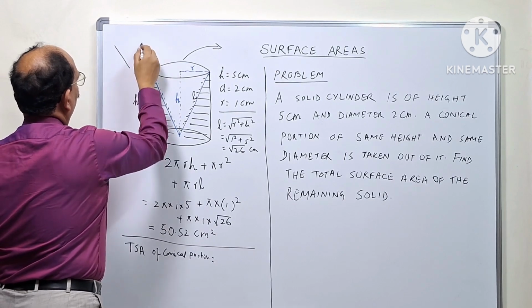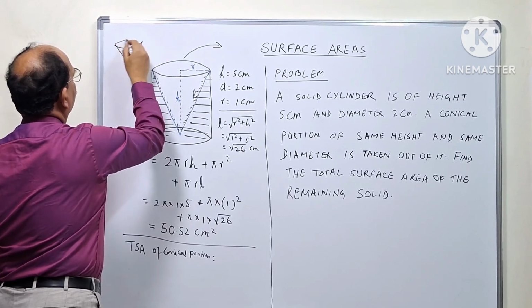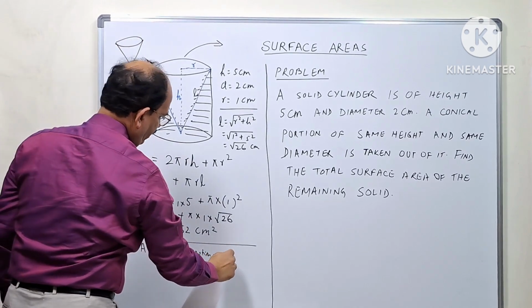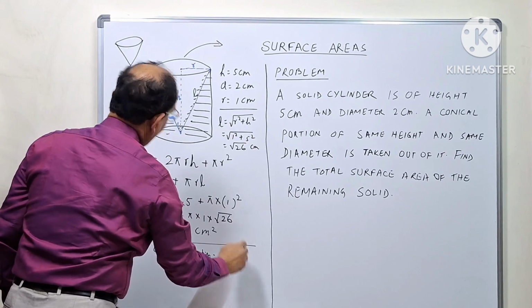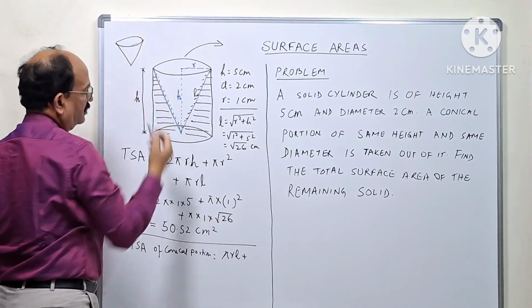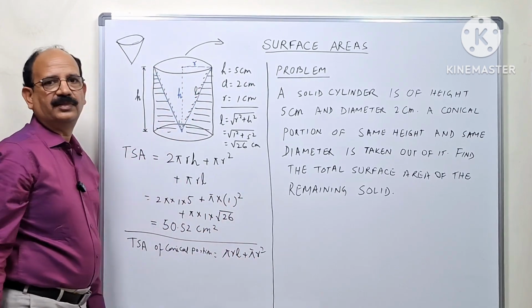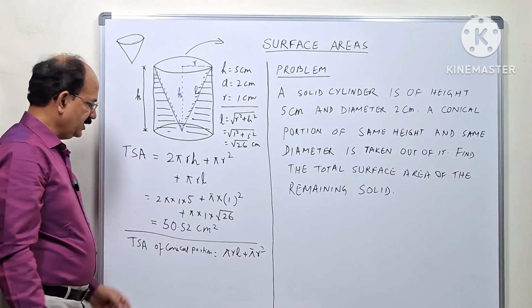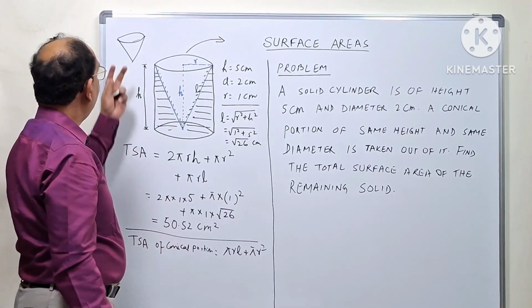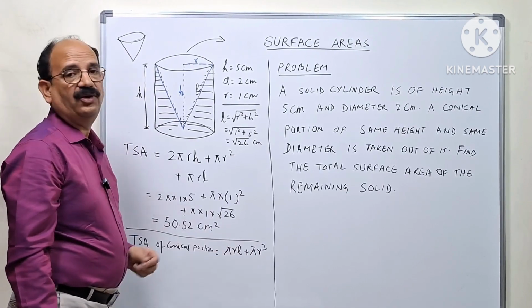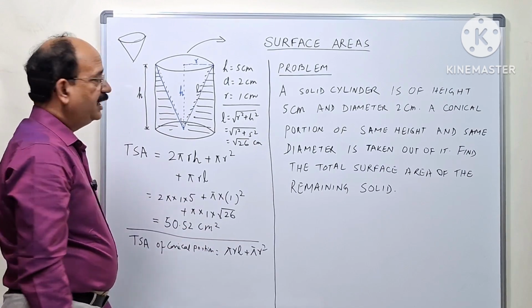You have taken out the cone like this. So this curved surface area is anyway part of that, plus this outer circle is also part of that, so it will be pi r square. So that becomes the total surface area of the conical portion. You know the value of r, you know the value of L, you can find it out.